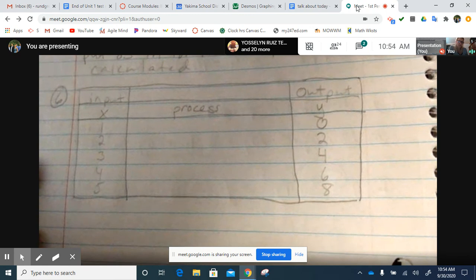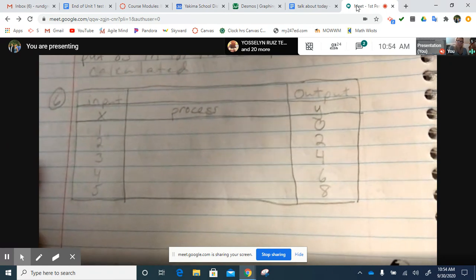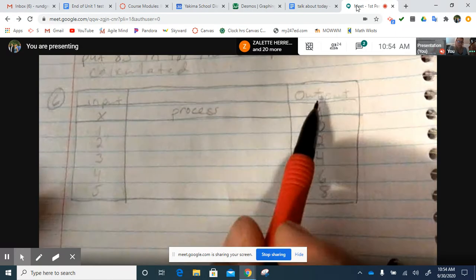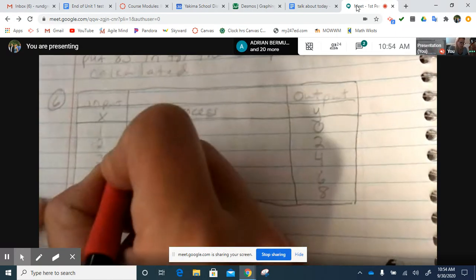Okay, so it said, remember to start the process with our output. So let's write down output equals.